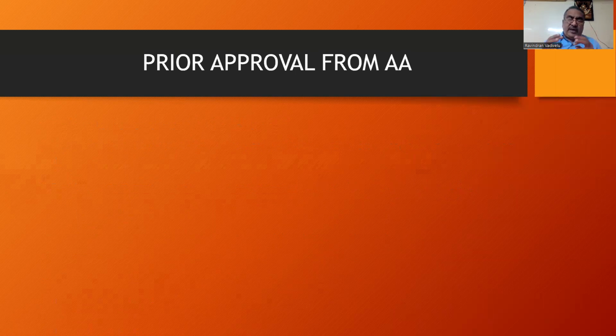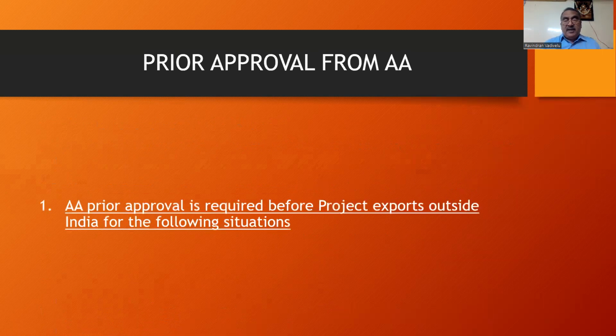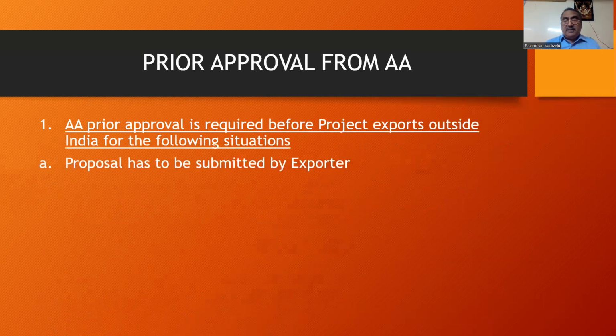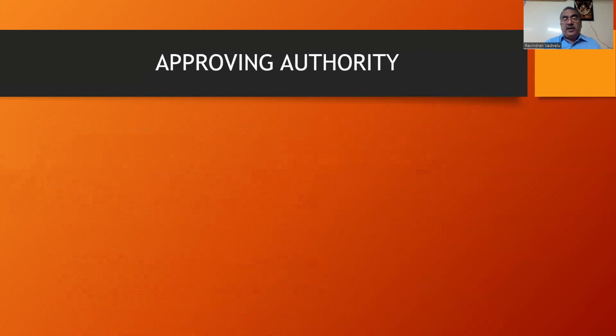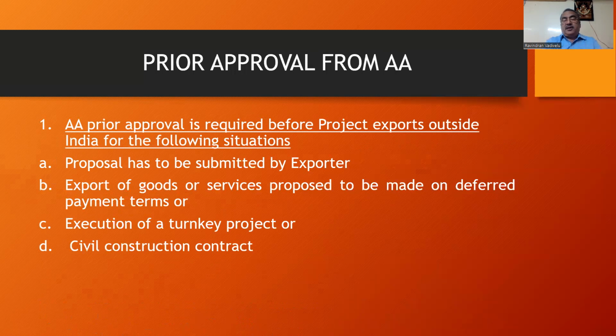When you want to do export of goods or services, prior approval of the AA is needed. Who is AA? AA is the approving authority.